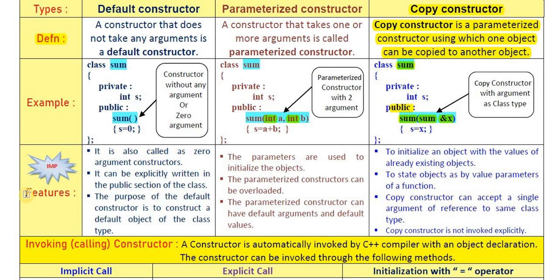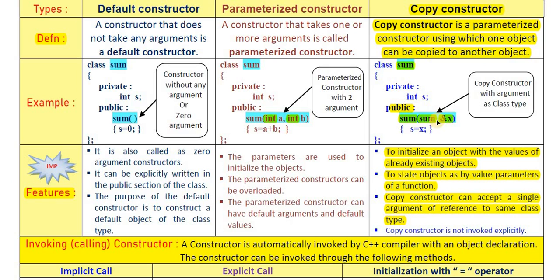Now the features of copy constructors are: it is used to initialize an object with the values of an already existing object. Means copy constructor is used to copy the existing object's value into a new object. It is used to pass objects as by value parameters of a function, and a copy constructor can accept a single argument of reference to the same class type.